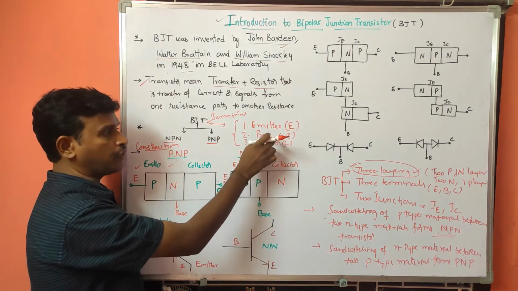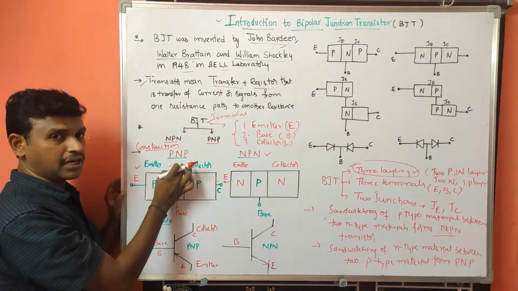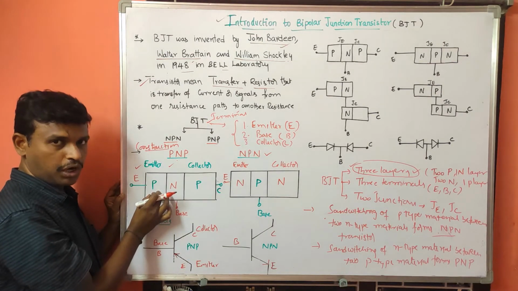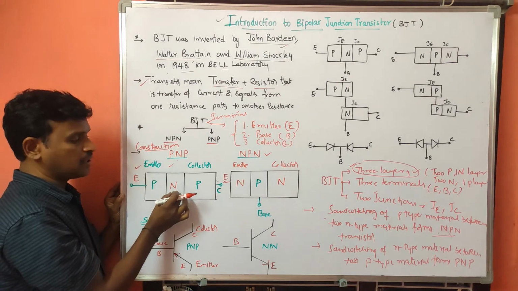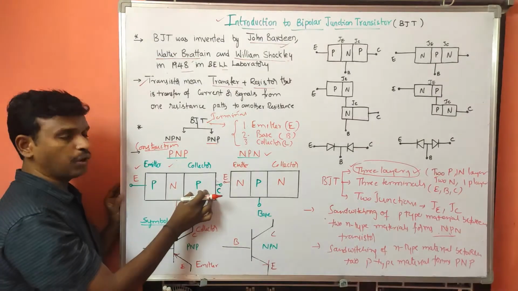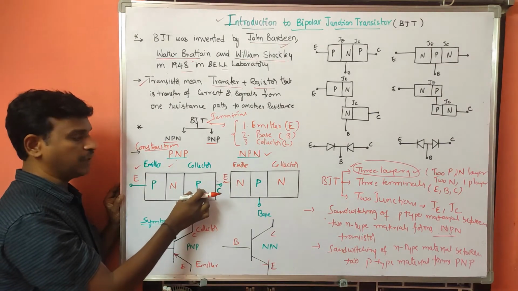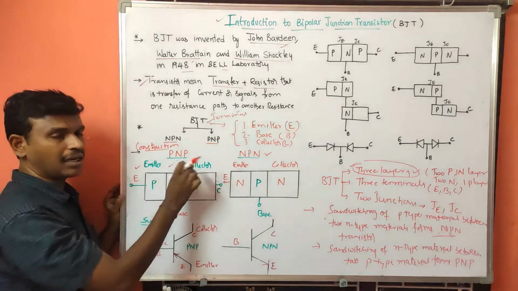If you consider a PNP transistor, the first P layer is called the emitter, the second one is the base, and the third P layer is called the collector.